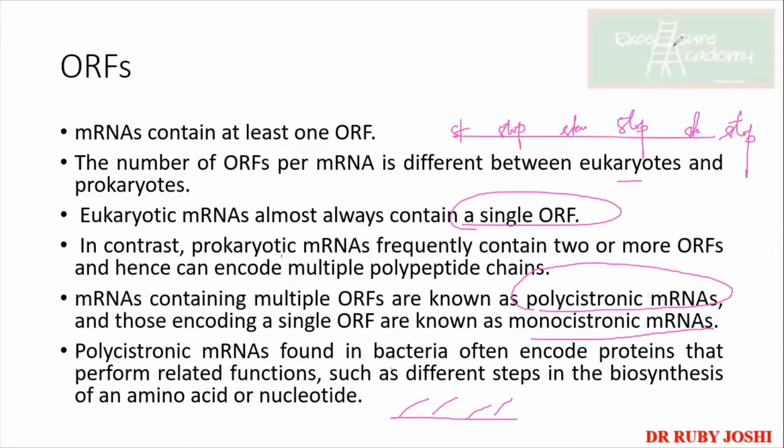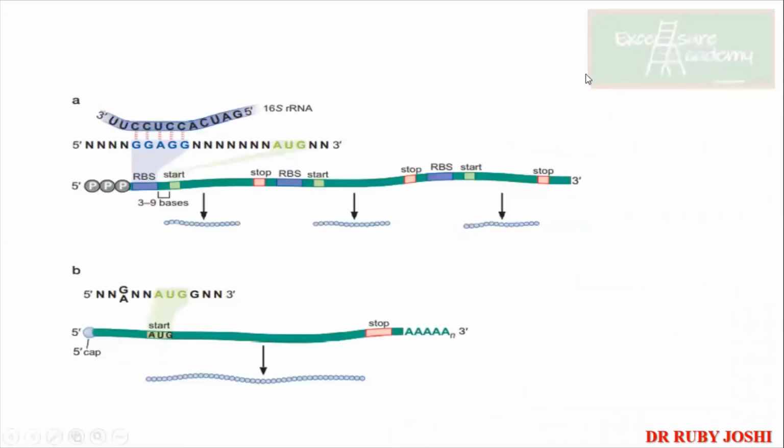So how many are there? There are 3 cistrons. So 1, 2, 3. So I'm going to expect 3 polypeptide chains. Clear? If it is only 1 start and stop, it is monocistronic. If I have got 3, then I can have 3 cistrons and 3 polypeptide chains. Okay? Look at the figure.